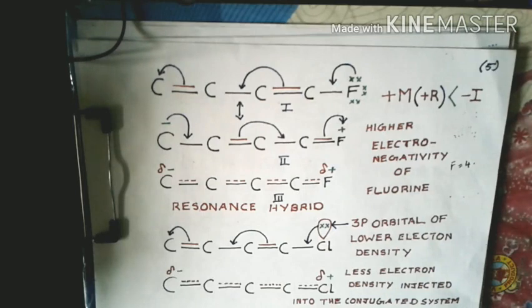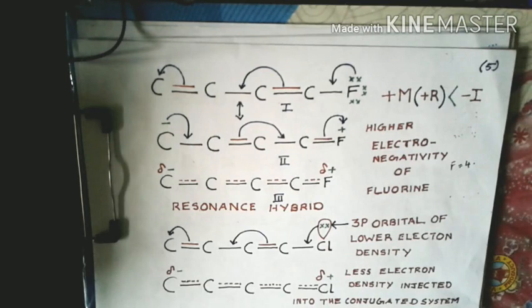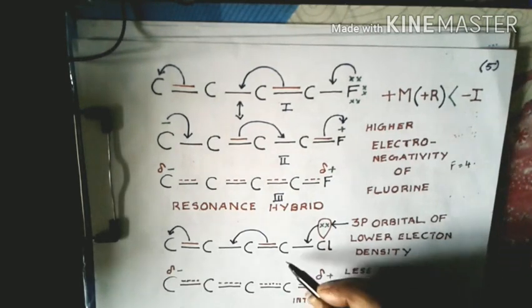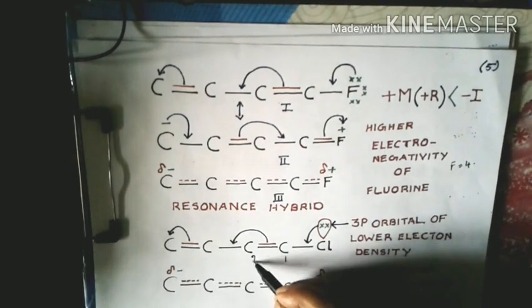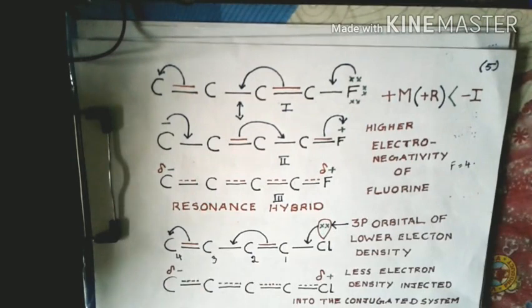So the overlapped region of carbon 1 and the 3p orbital of chlorine will have a lower electron density, so that by mesomeric mechanism the electron density transferred to the conjugated system will be less.